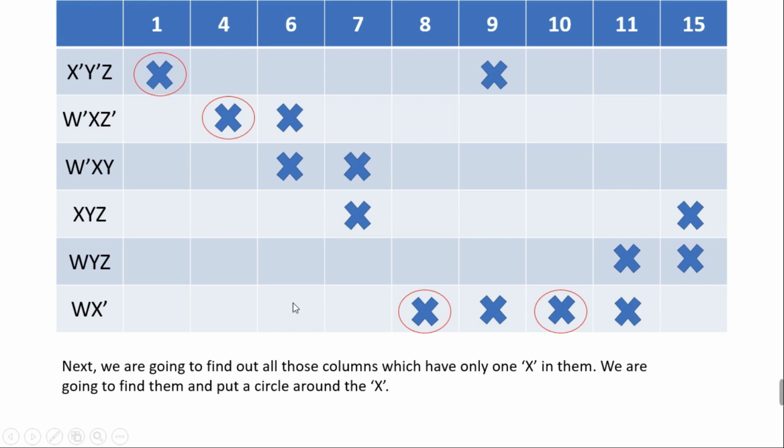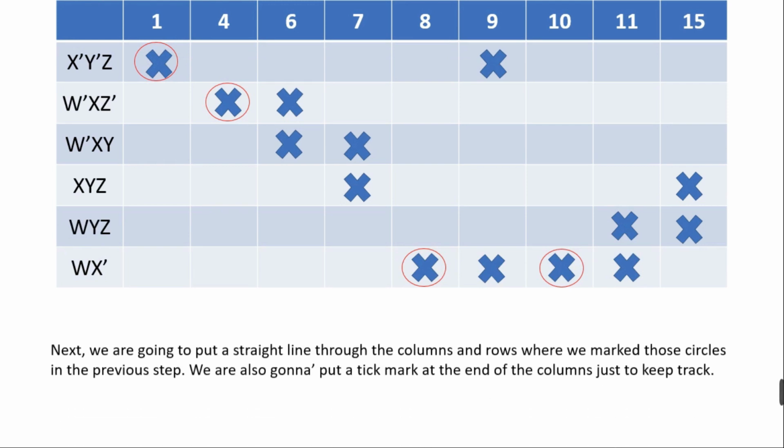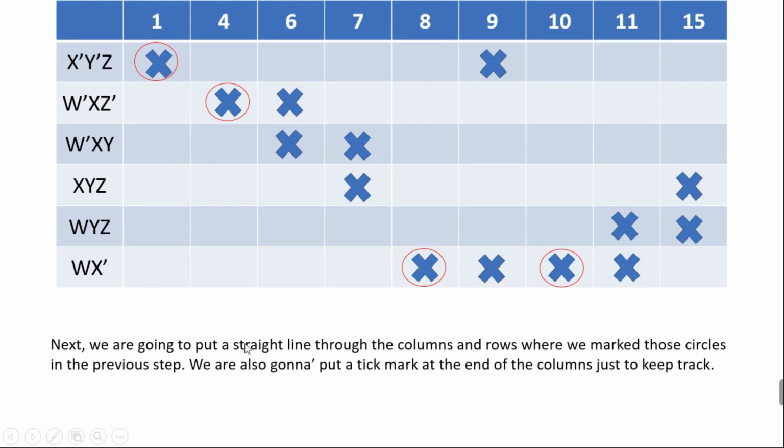Now we're going to put a straight line through the columns and rows where we marked those circles in the previous step. We're going to put a straight line through those marked places, both row wise and column wise, and we're also going to put a tick mark at the end of the column just to keep track.